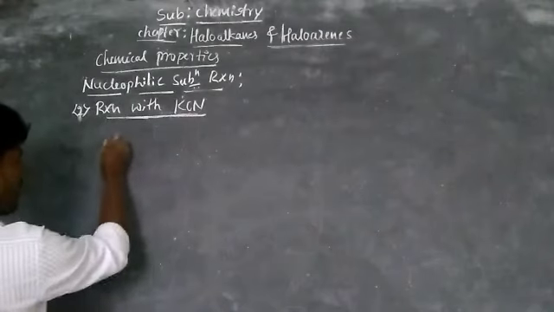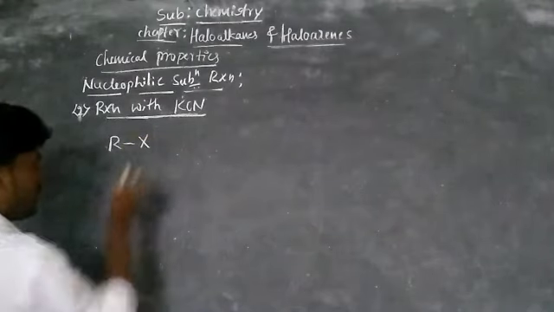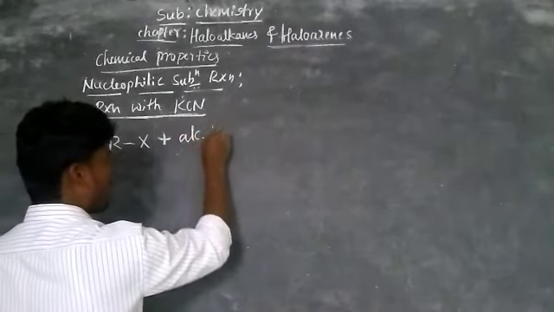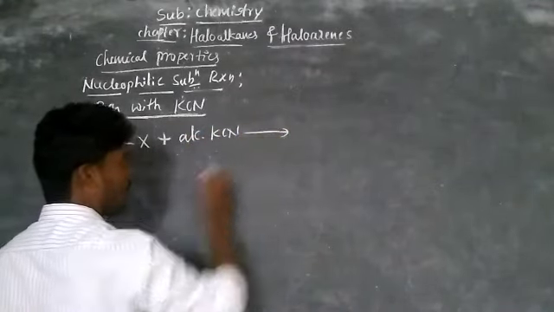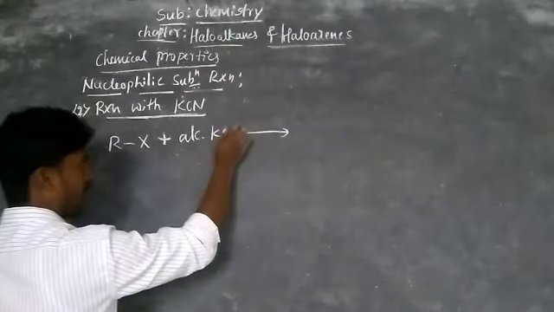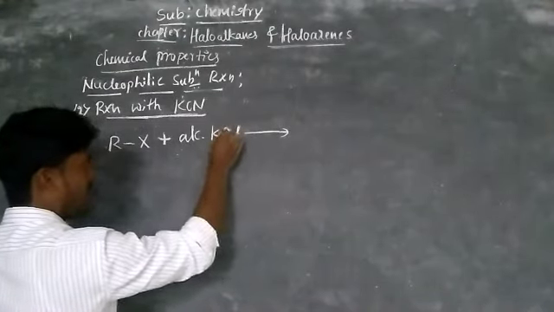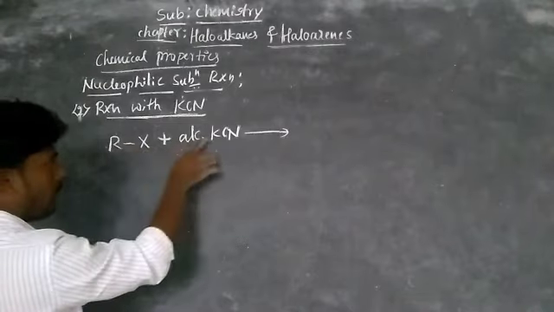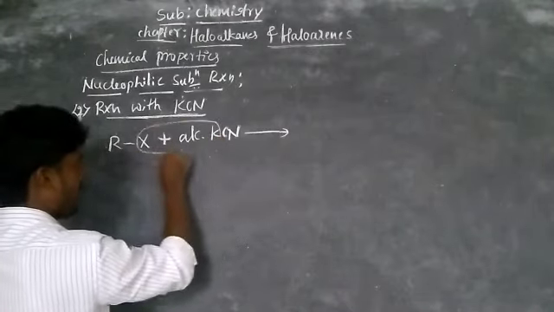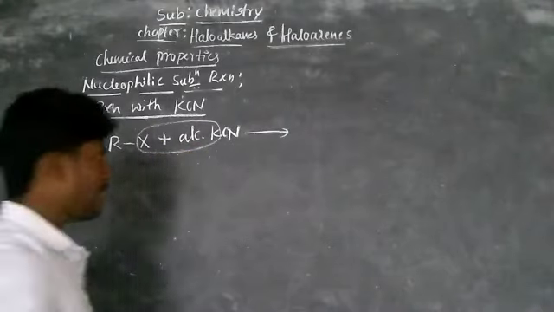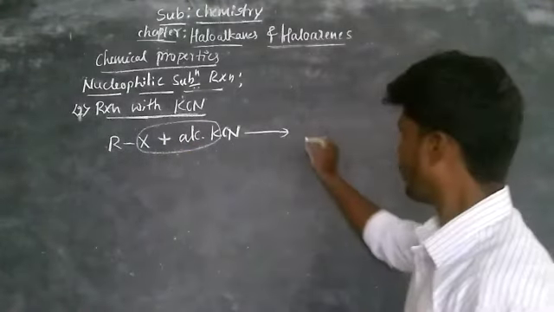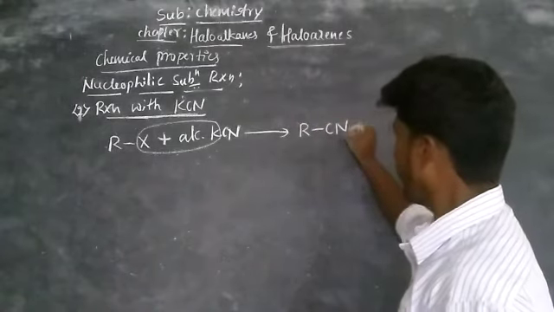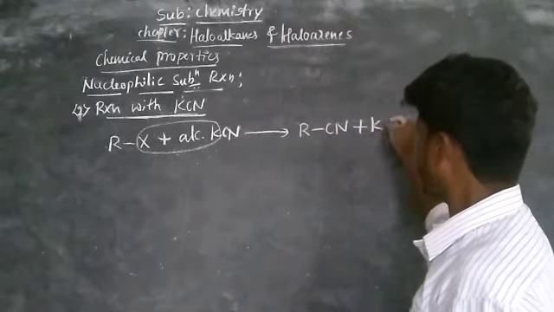Now here the alkyl halide, that is RX, is treated with alcoholic potassium cyanide. Here also, similarly, the CN minus ion gets attached to this carbon and X will be added to this K, becomes KX. This is a general reaction. So you get R bond CN plus KX.